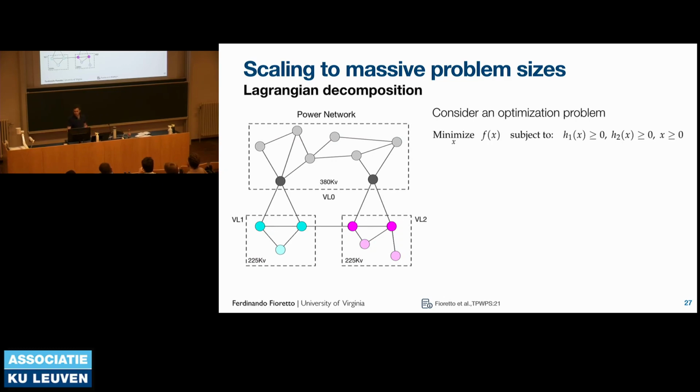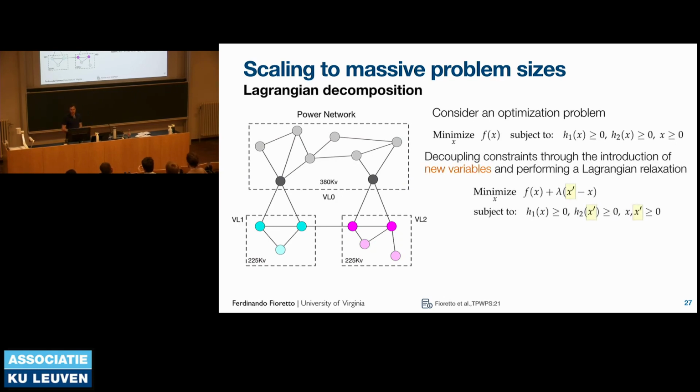So Lagrangian decomposition works as follows. You take a problem, right, a minimizer with some constraints. And then what you do is decouple the loosely connected parts of your problem by introducing some additional variables, in these slides indicated with x prime.